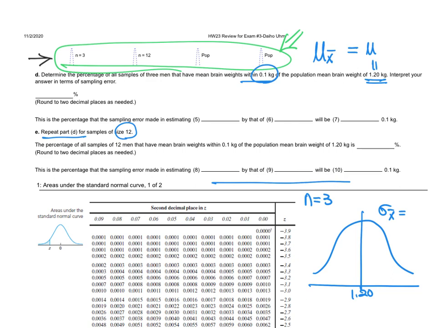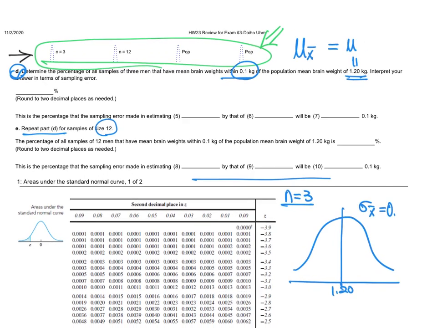The sample size is more sample size is 12, but now in part D, still we have a sample size equal to 3. So the standard deviation of the sample mean was, just a second, I need more space, 0.0693.